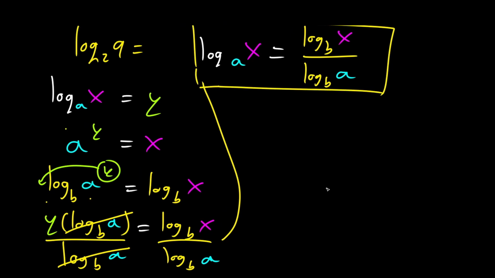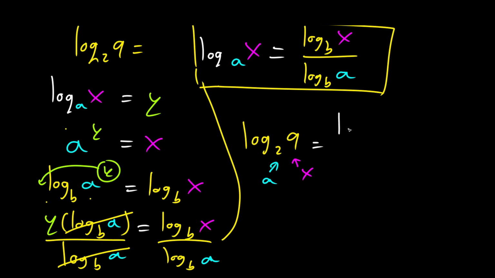Okay, so how does this exactly help us? Well, let's consider our question from earlier. Log base 2 of 9. Well, if this is x and this is a, then we can rewrite this with logs that we can actually evaluate.